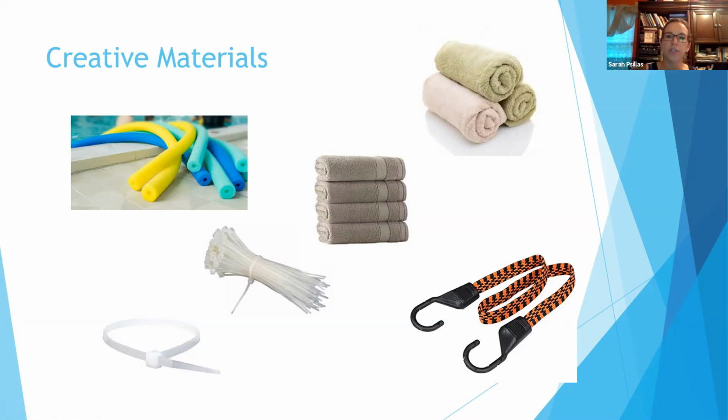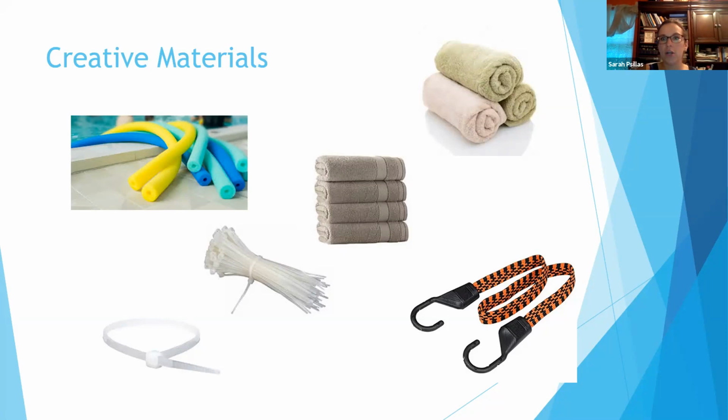Another great resource are towels. I use towels a lot with kids who are in car seats, mostly around the head, because we can't do it around their pelvis because that negates the safety of the car seat in the US. It's great if someone has a chair at home, but they can't quite get in the right position. You can kind of move them.